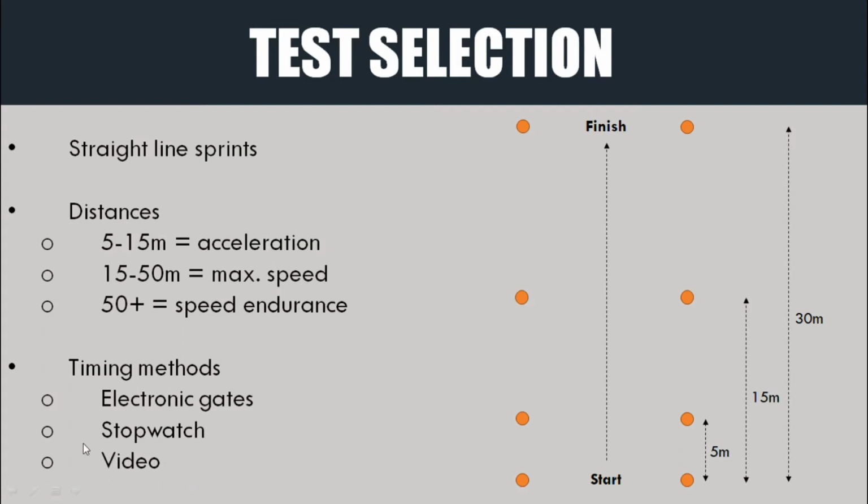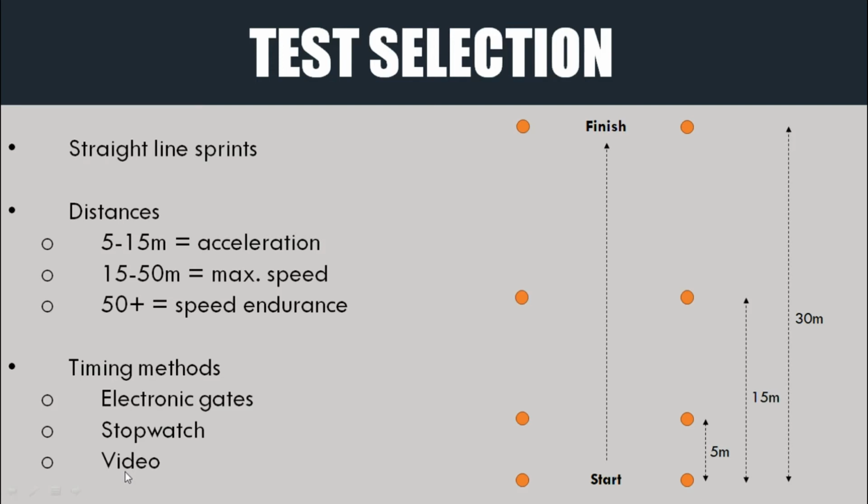Video is actually going to be quite a good method here. The only issue is that it's quite time consuming. So what you can do is you can film an athlete sprinting a certain distance that you can mark, and by videoing that, you can then review it, and you can start on a phone or on a computer, you can have a look at the time that the athlete starts their run, and then have a look at the time that they finish their run.